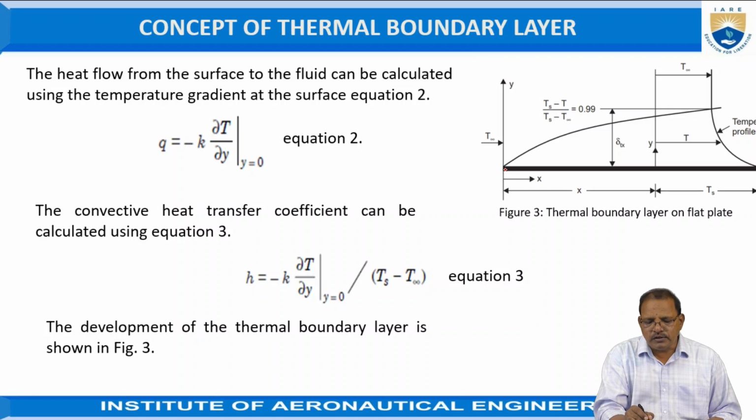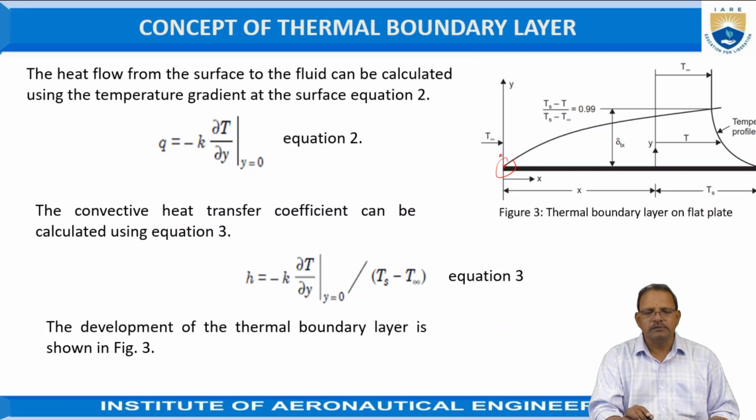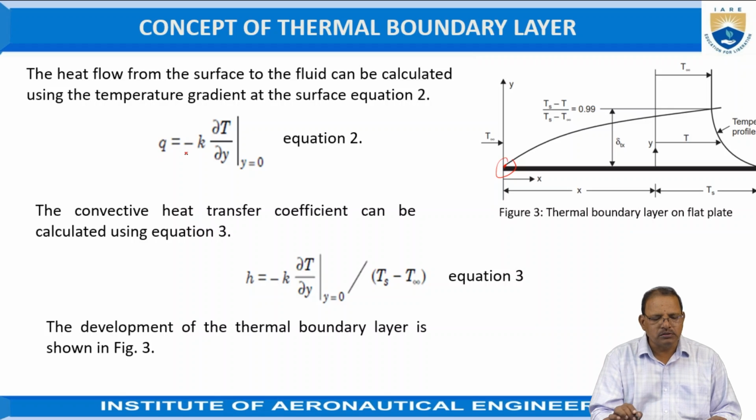First, when the cold fluid is touching the hot surface of the plate, the heat energy flows from the surface of the plate to the fluid by the conduction process, which is given by Q is equal to minus K dT by dy at y is equal to 0.